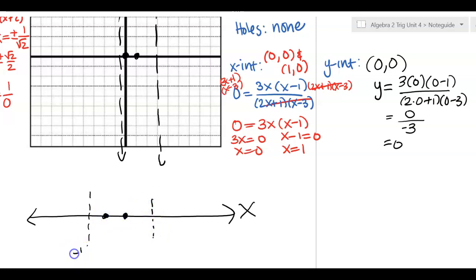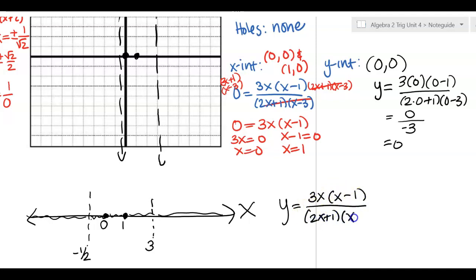So here are the values I have. -1/2 is a vertical asymptote, 0 is an intercept, 1 is an intercept, and 3 is another vertical asymptote. So I have 1, 2, 3, 4, 5 different sections of graph that I need to test. And when I say test, I'm talking about testing them in this equation.